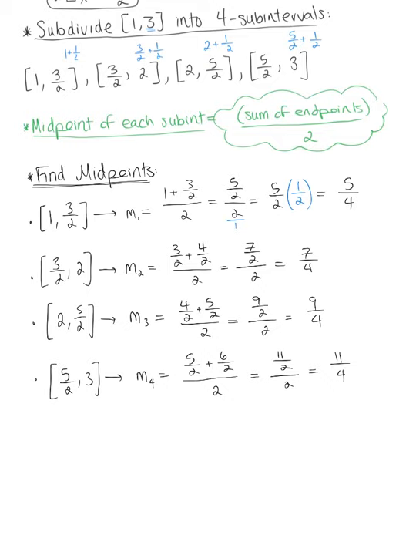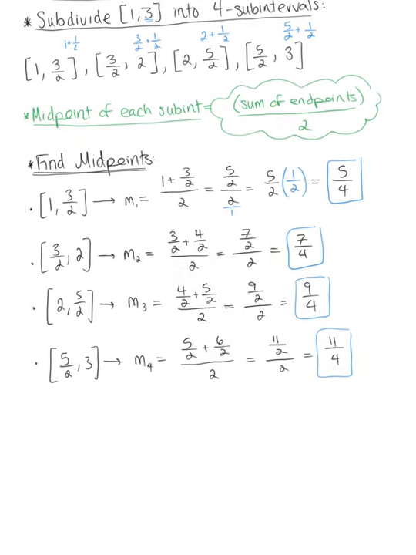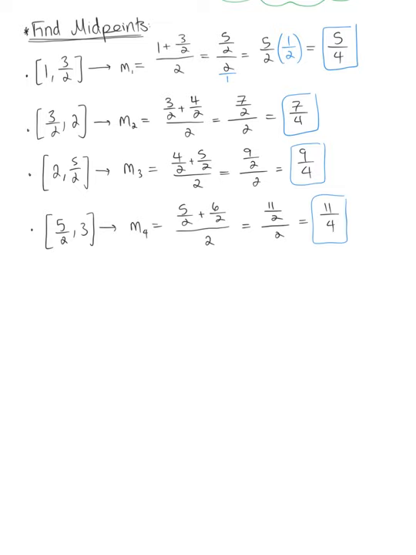So these are the midpoints that we're going to need to use now to calculate the height, and then we can see our graph. So here we go. Let's find the heights.